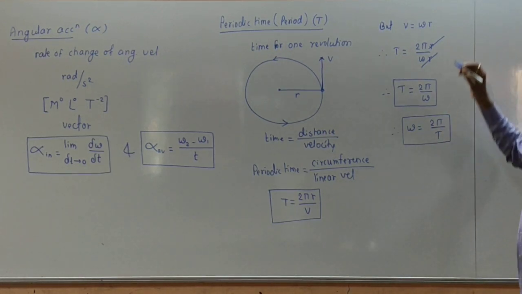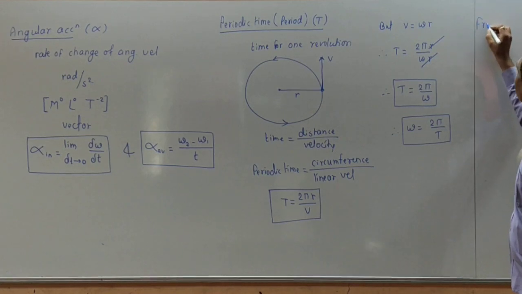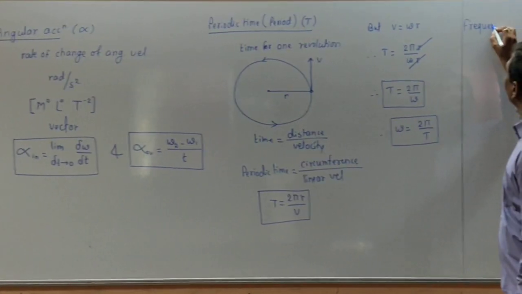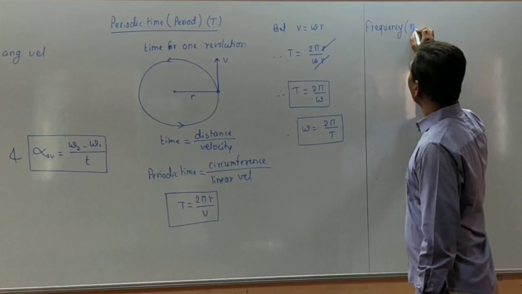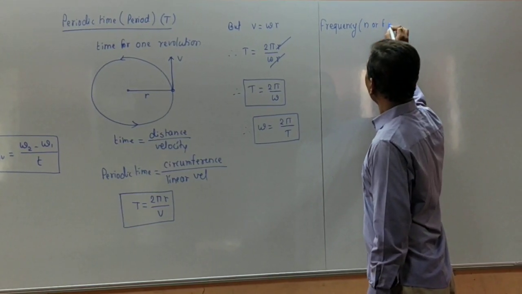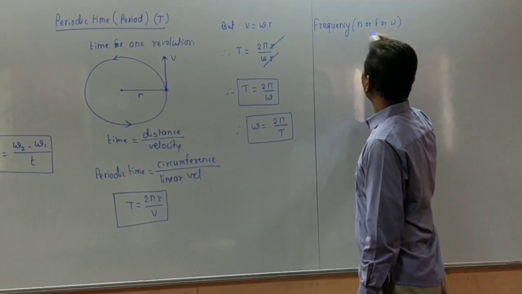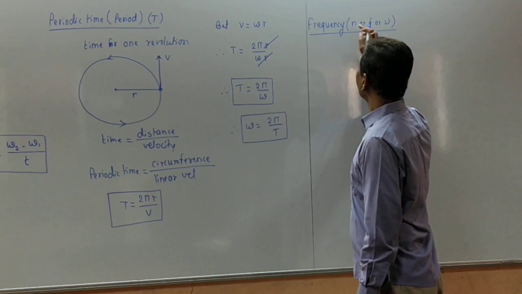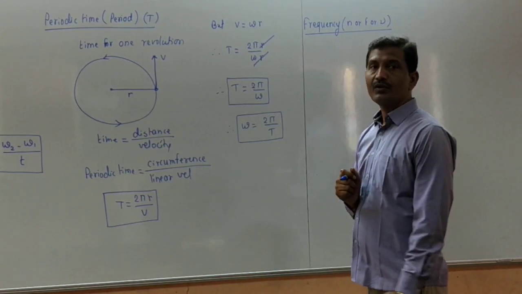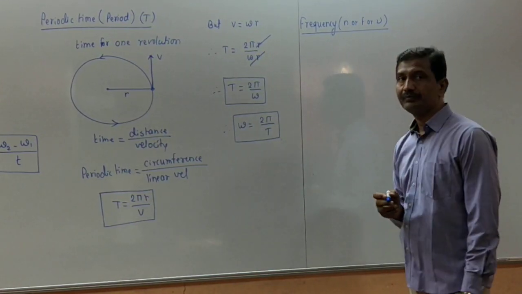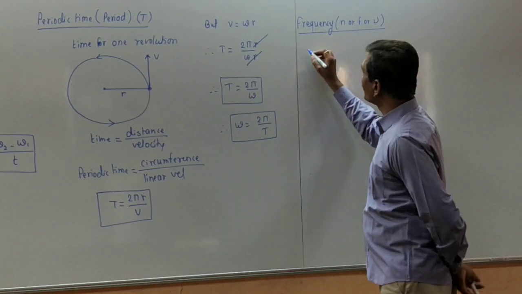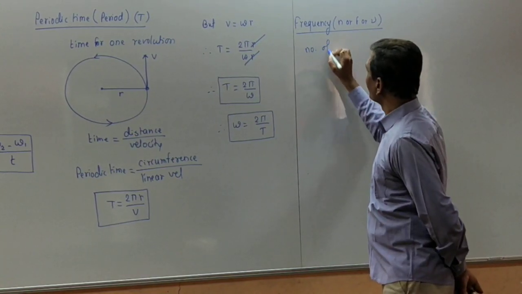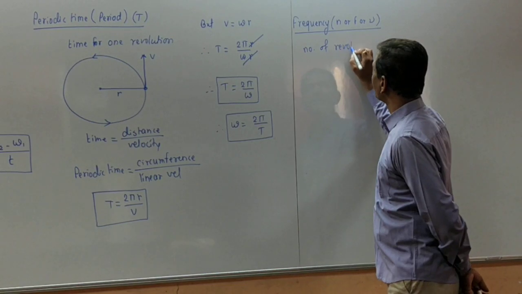Our next definition is the frequency. Frequency is denoted by N or f or mu. Three symbols are used in case of a frequency. So what is the frequency? Number of revolutions per second.